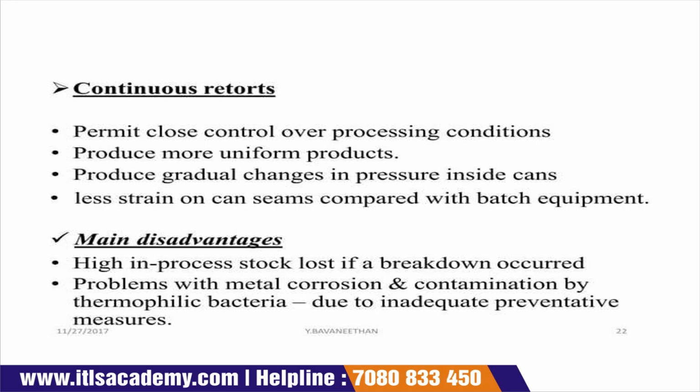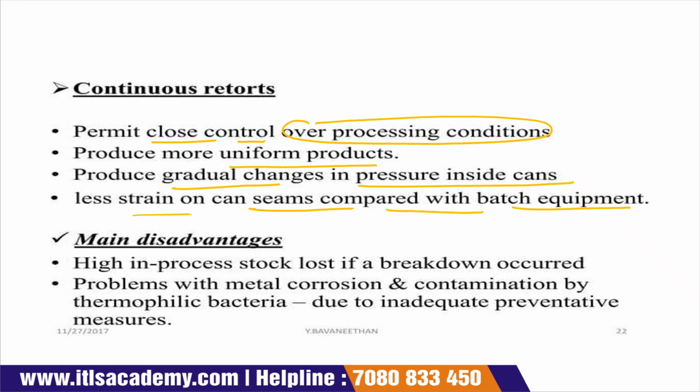Continuous retorts permit close control over the processing conditions and produce a uniform product, with gradual changes in pressure inside the can, less strain on the can seams compared with batch equipment.